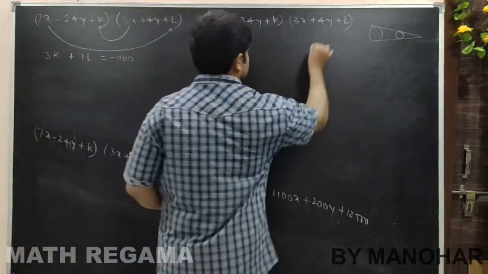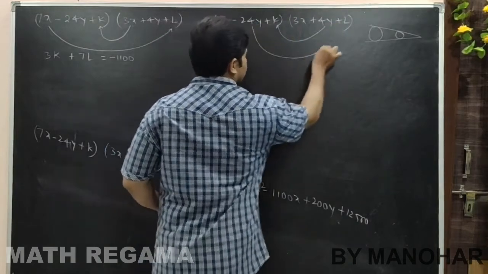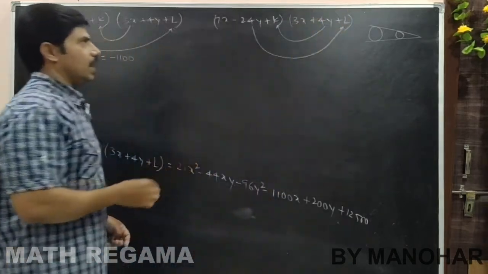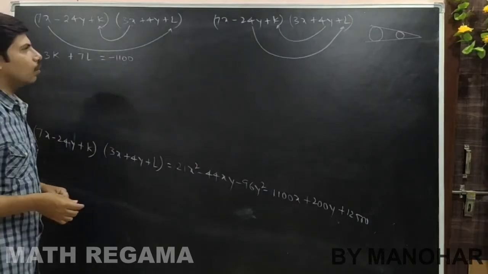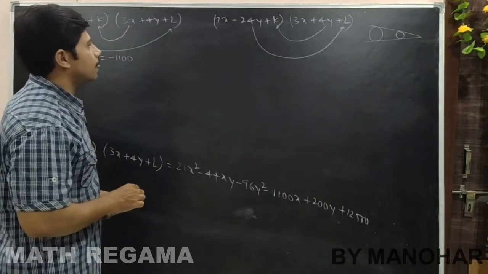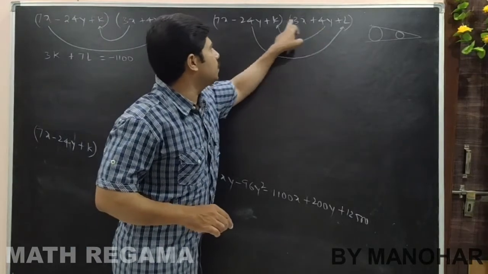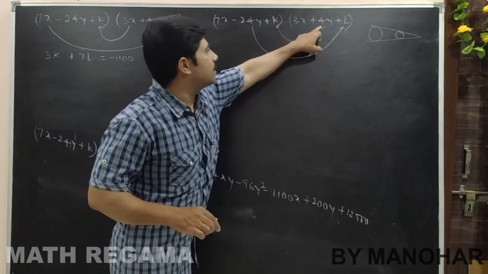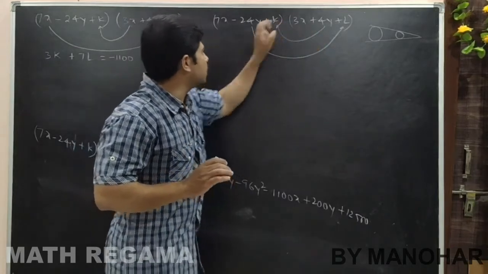That means 4y I'll multiply to k and minus 24y I'll multiply to L. Now, what are the coefficients of y? If I multiply these two, I'll get the y coefficient as 4k. See, 4y into k, 4ky. So the y coefficient is 4k.